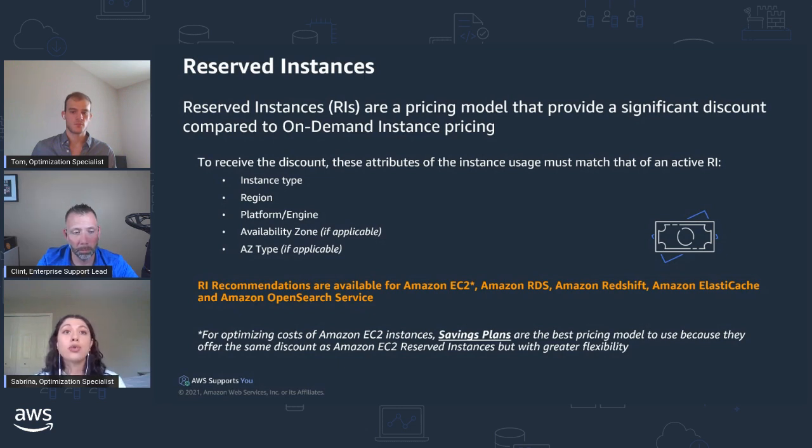In order for the RI discount to be applied to the specific AWS resources, the attributes chosen upon commitment must match what's running in the account. Those RI attributes include instance type, region, platform, and availability zone. Reserved instance discounts are available for the AWS services Amazon EC2, Amazon RDS, Amazon Redshift, Amazon ElastiCache, and Amazon OpenSearch Service.